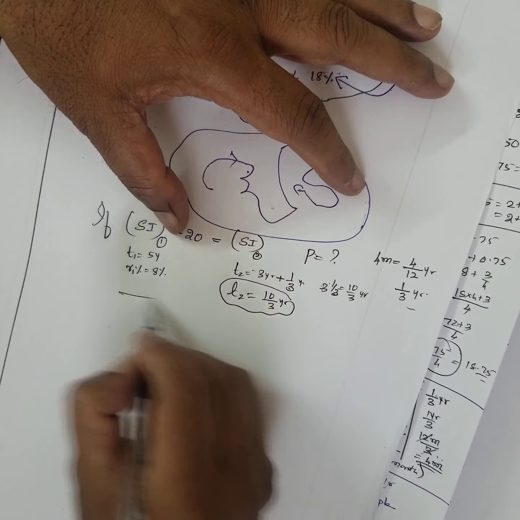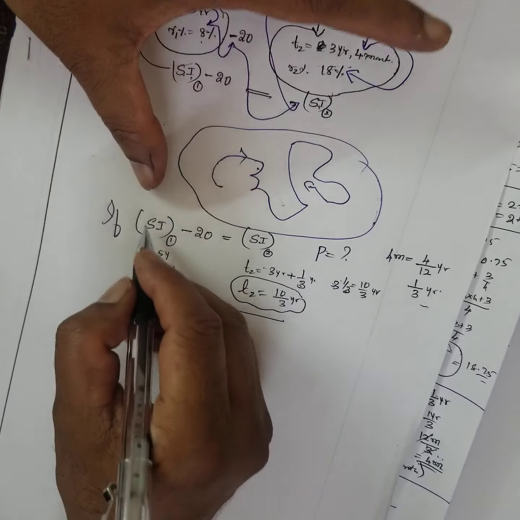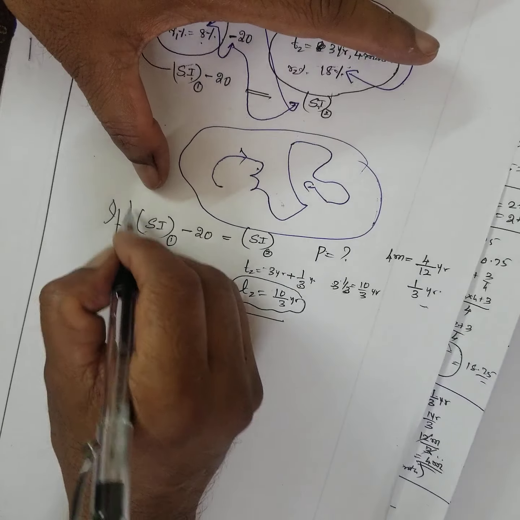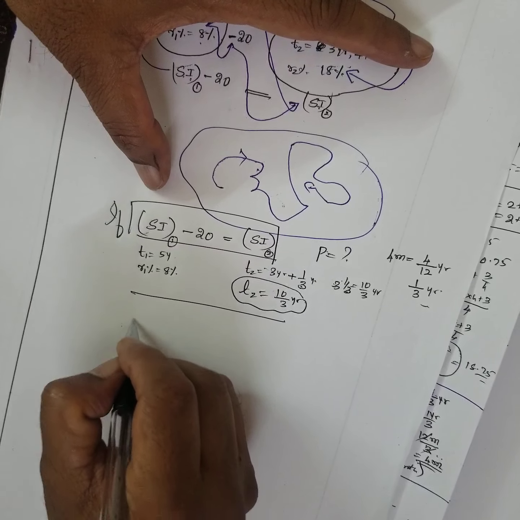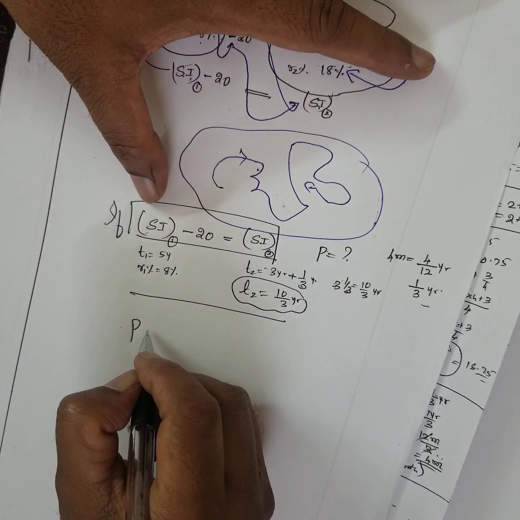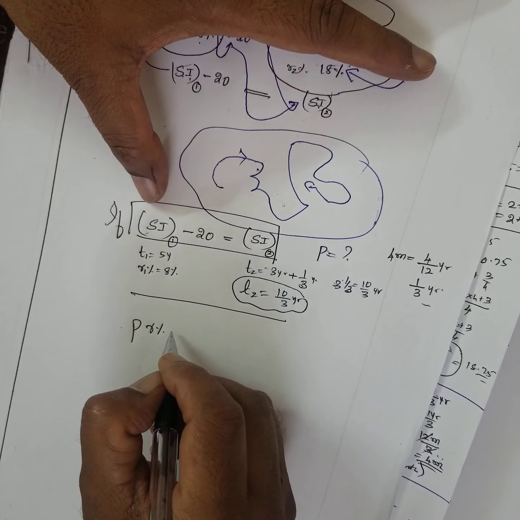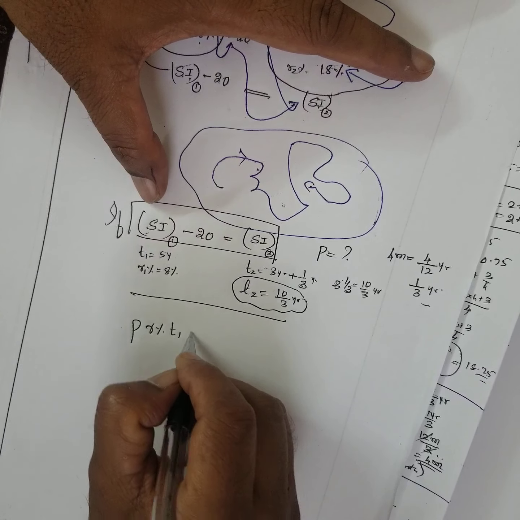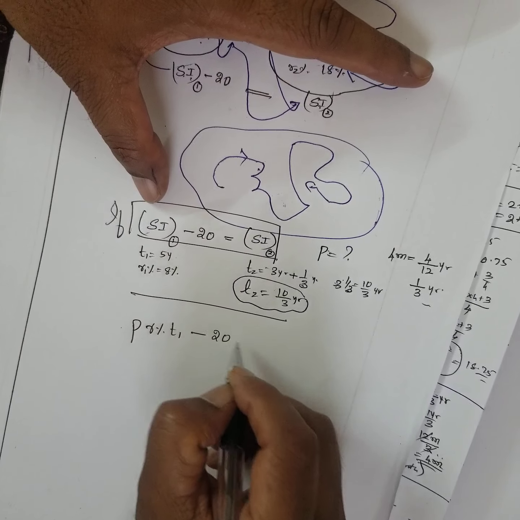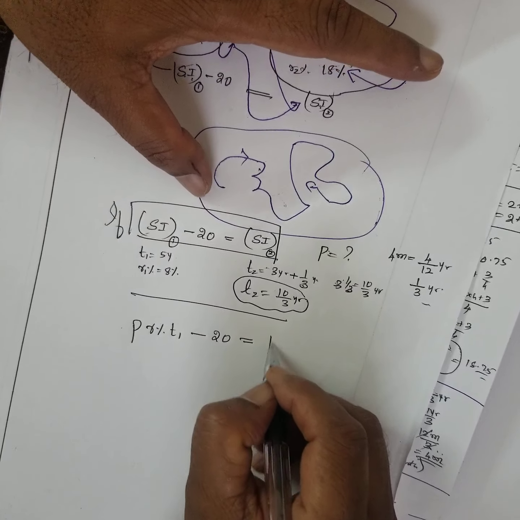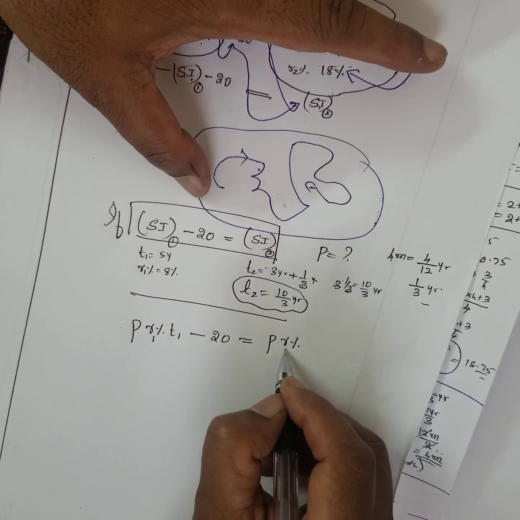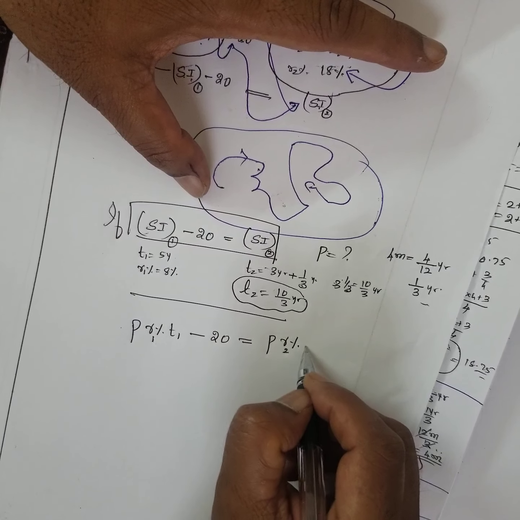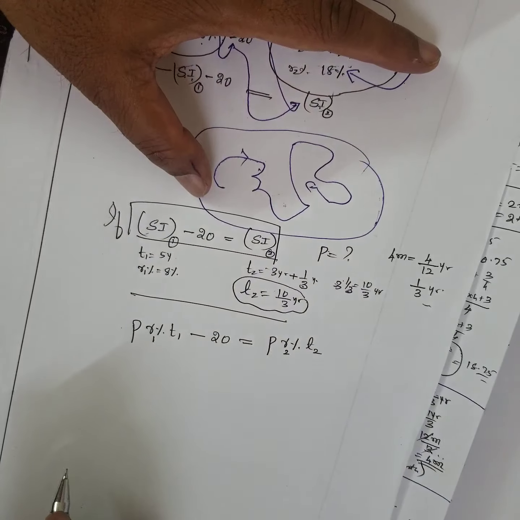Okay. Now I'll write it. What is the simple interest for this? This is the equation: P R1 percent T1 minus 20 rupees equals P R2 percent T2.